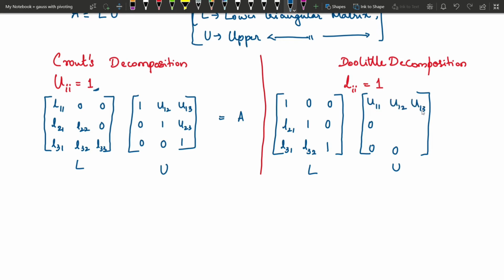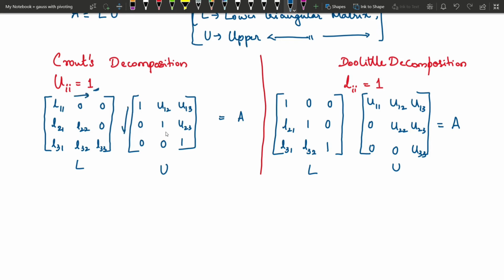Now we will write upper triangular matrix. Here we know lower triangular elements are 0, remaining are non-zero, U11, U12, U13. U21 is 0, we write U22, U23, here we will write U33. So this is equated to the coefficient matrix A.